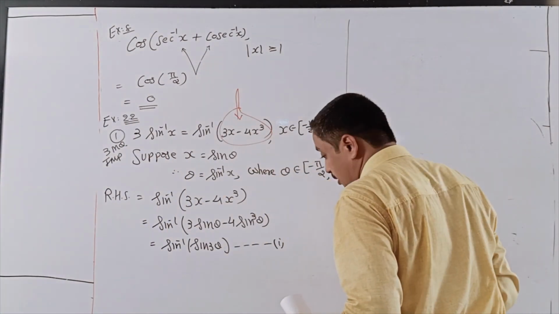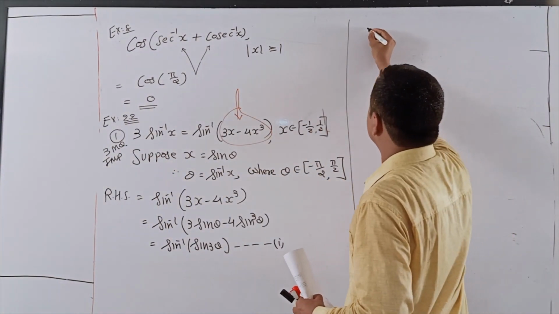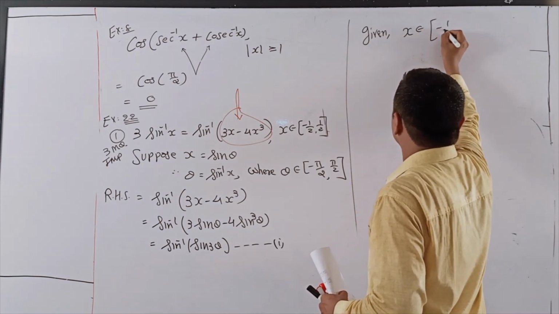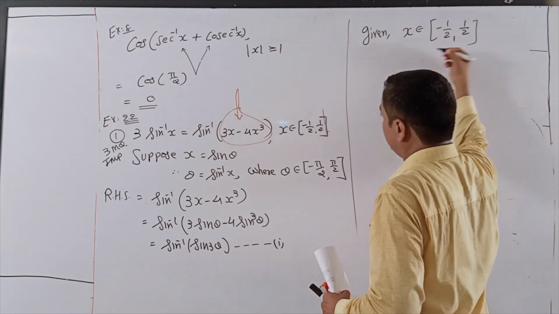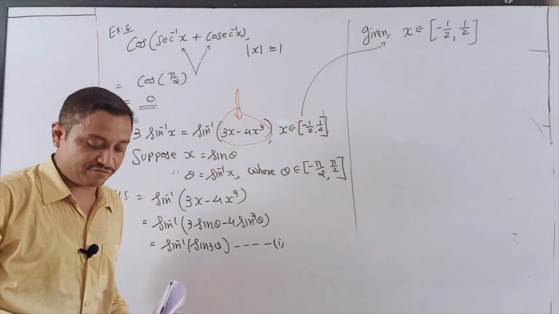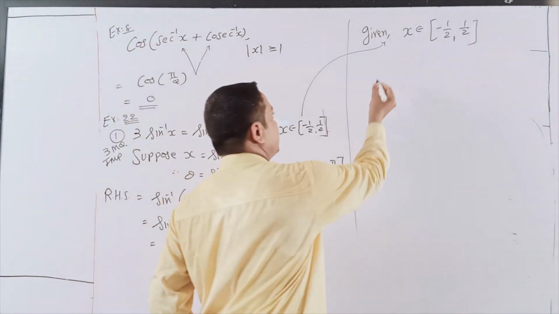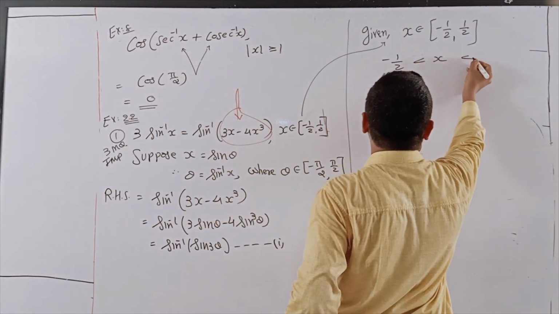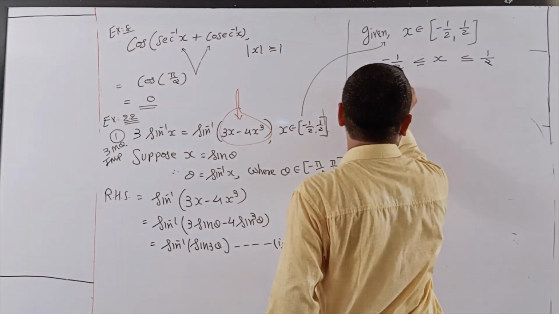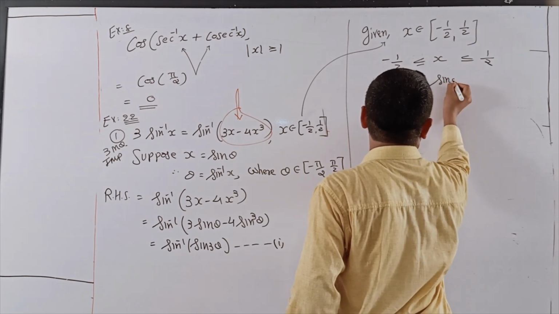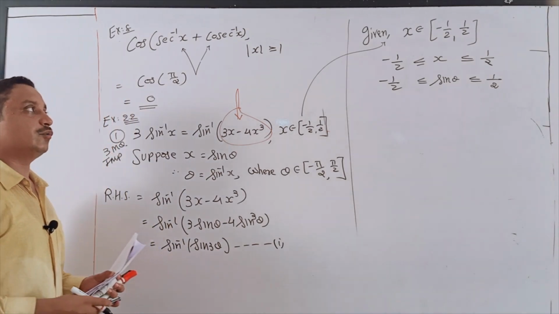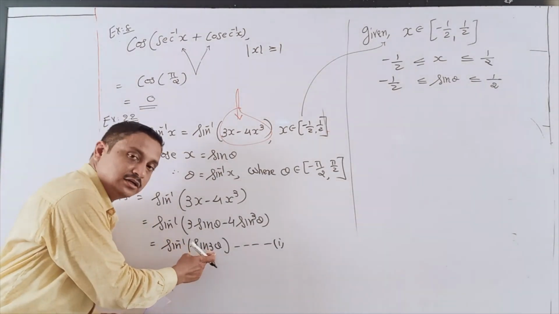Before that, condition checking. Now the given condition: x belongs to minus half to half, in closed brackets. Now this x you already assumed is sin theta.